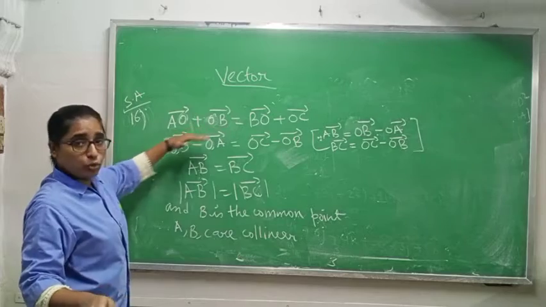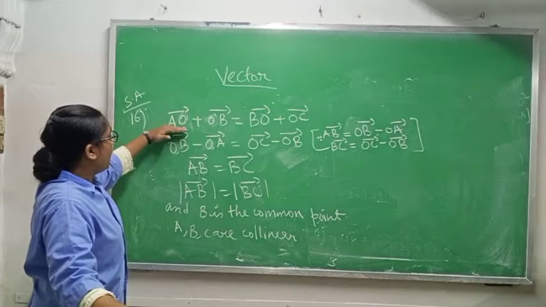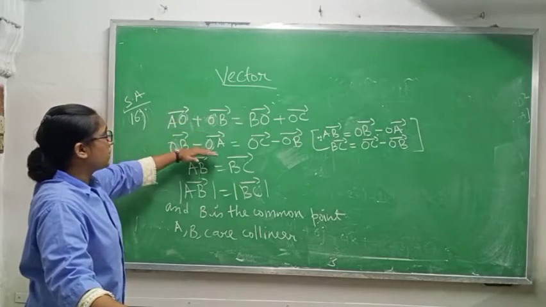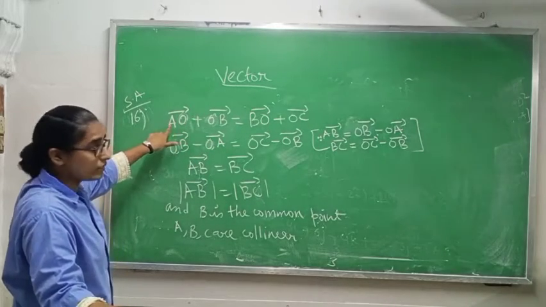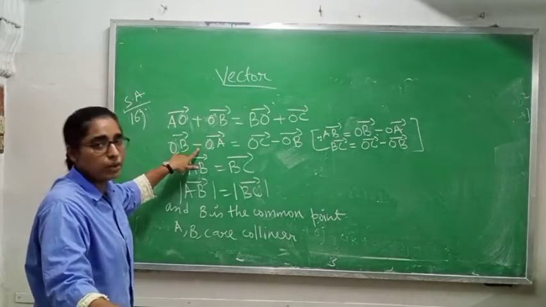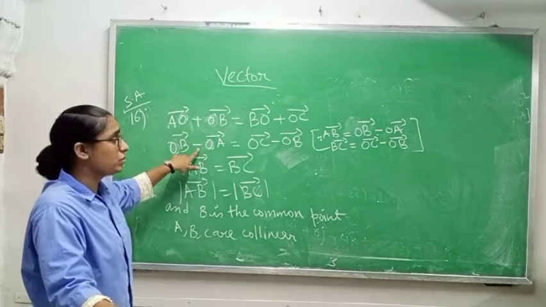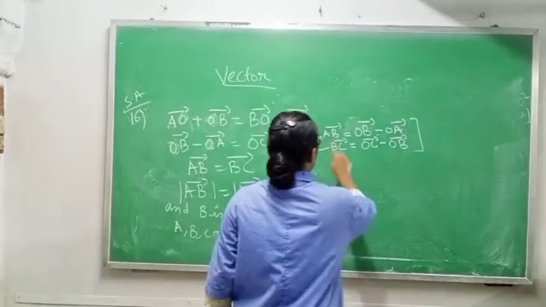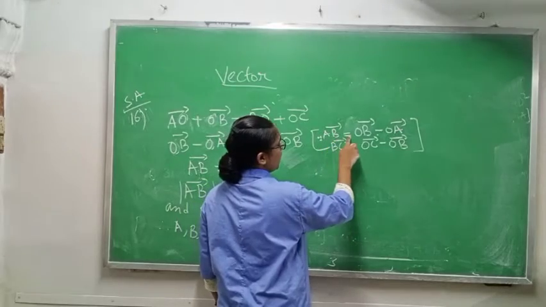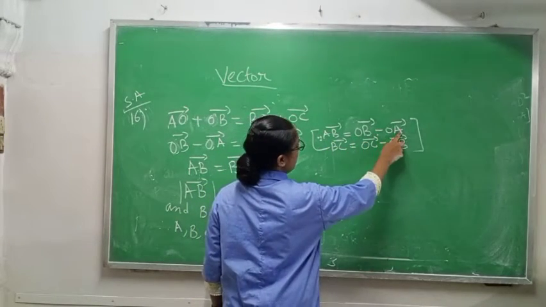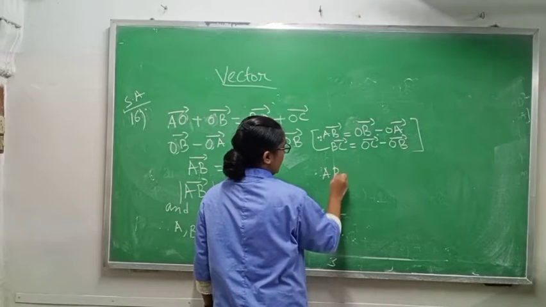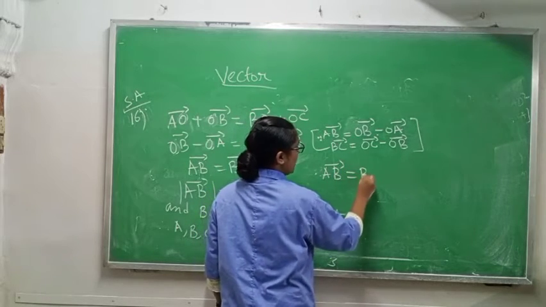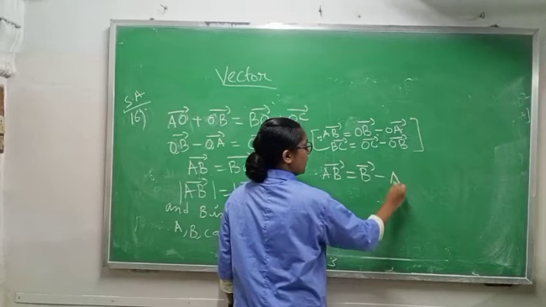Now first I am writing OB vector, then in place of AO vector I am writing OA vector. Whenever I change the place of origin and any vector, then one minus sign will come. Why am I changing? Because I know that AB vector, position of AB vector equals OB vector minus OA vector. So we know that whenever we have AB vector, its position will be B vector minus A vector.